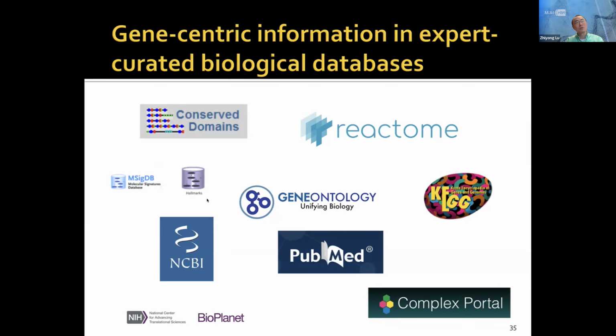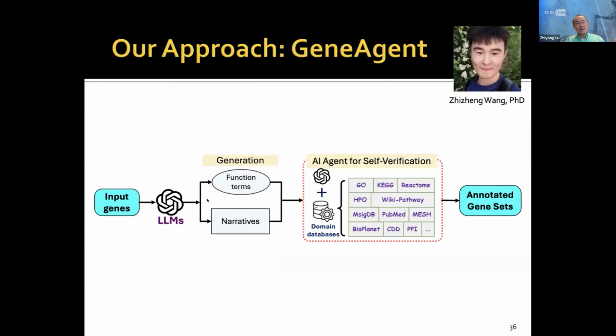They're less likely to be utilized already by these large language models. In other words, the knowledge that humans actually curated is probably not yet reflected in these large language models. So our idea is that we can use, in the first stage, a set of genes as the input, and ask the first large language model to generate the function and generate the explanation.